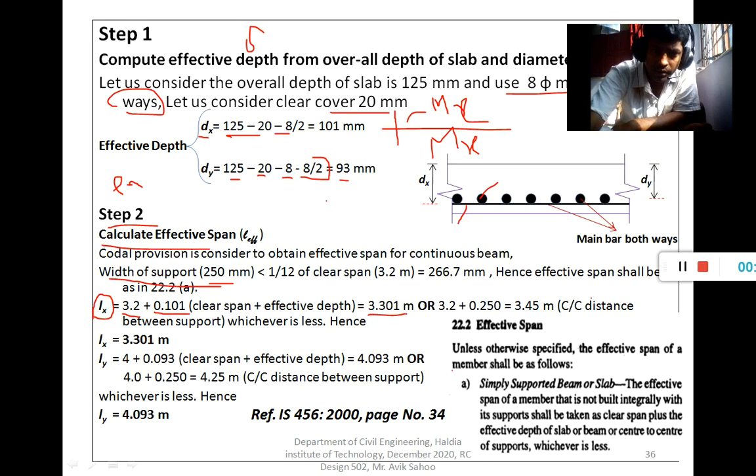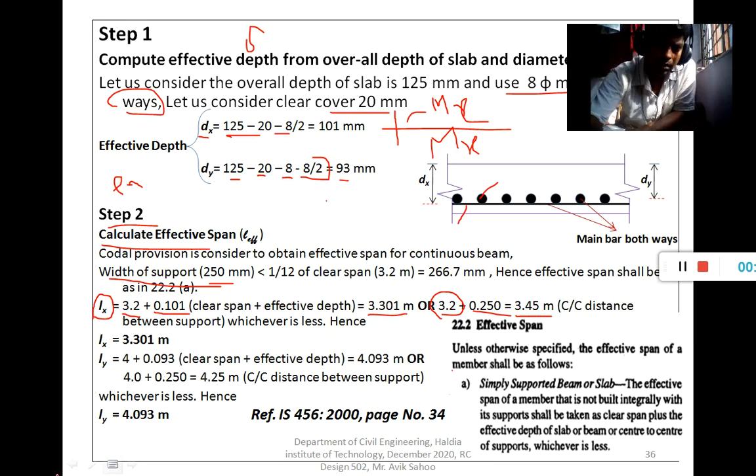Or the center to center distance between supports: 3.2 is the clear span, plus half the support width from the left side and half from the right side. Adding 0.250, we get 3.45 meter.